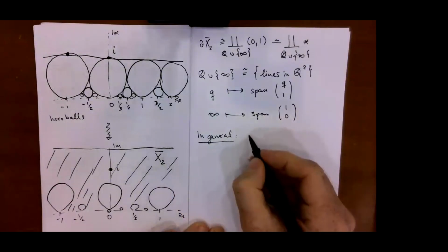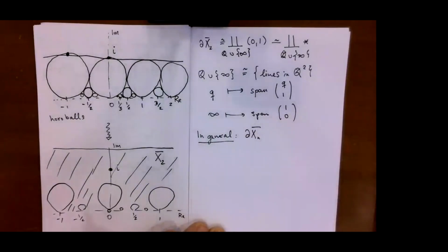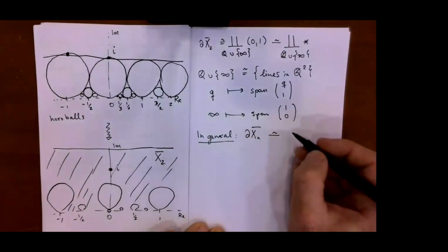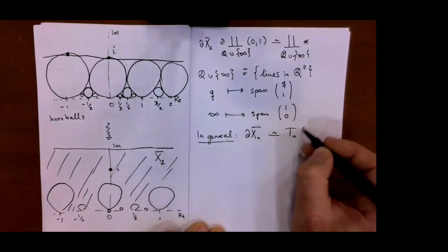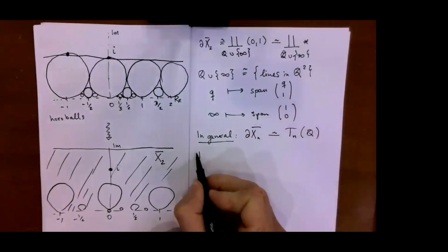Now, in general, the boundary of this Borel-Serre compactification is actually homotopy equivalent to the nth Tits building of Q. So what is that?